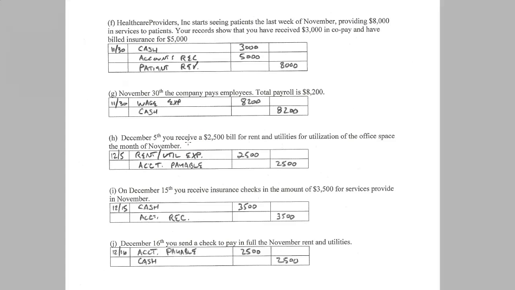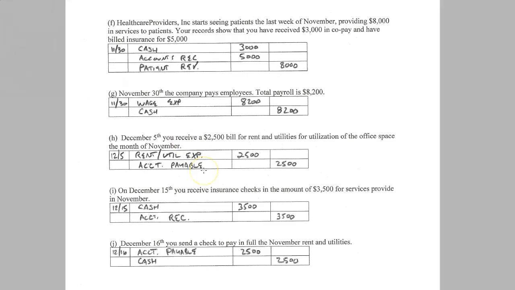You've incurred an expense, but I haven't paid the bill yet. In the mind of accounting, you've already incurred the expense. Whether you pay the bill or not, that's a whole other problem. But you've used up the rent. You've had your office there, right? That's not going away, and they're going to sue you if you don't pay anyway. So the expense has been incurred, even though you haven't paid it yet.